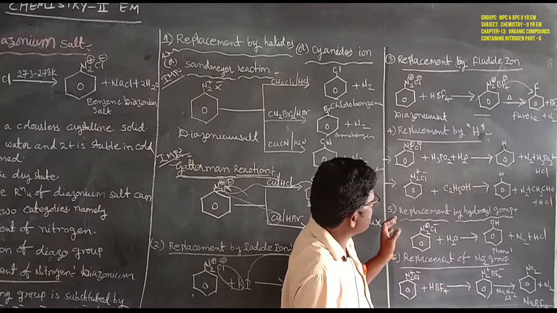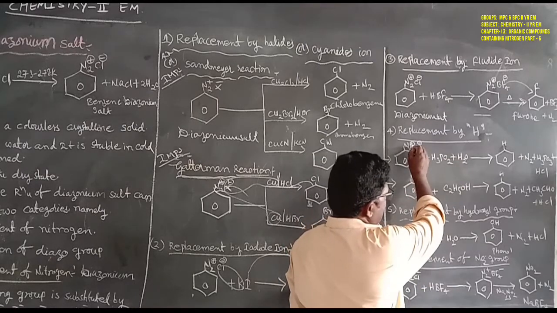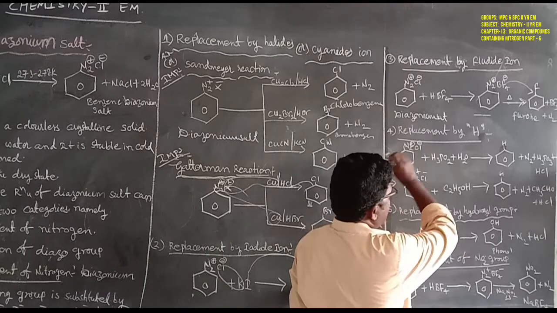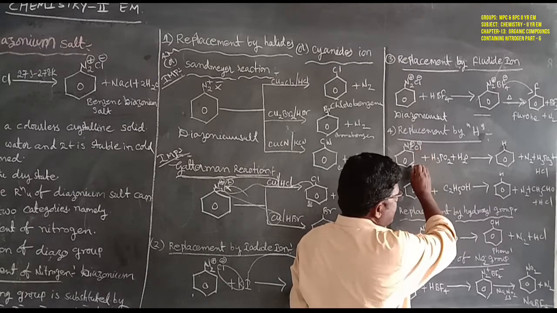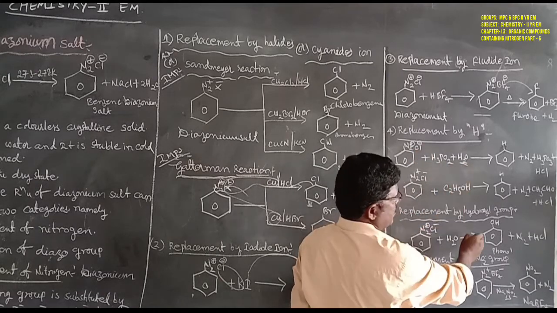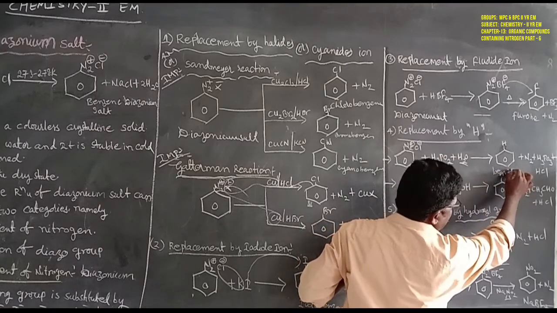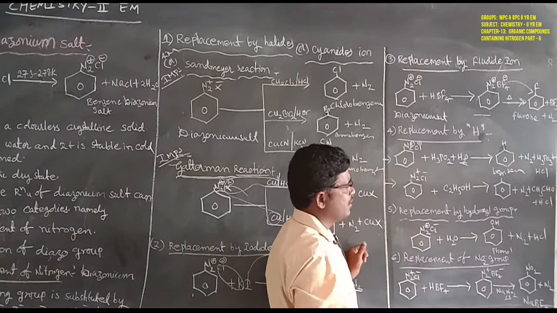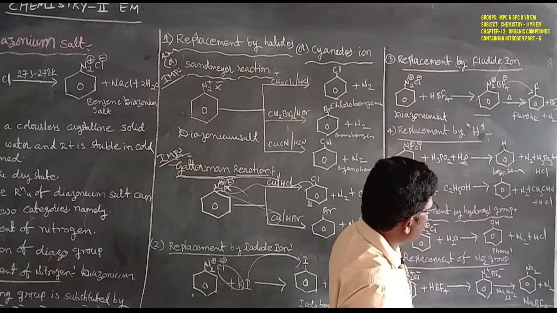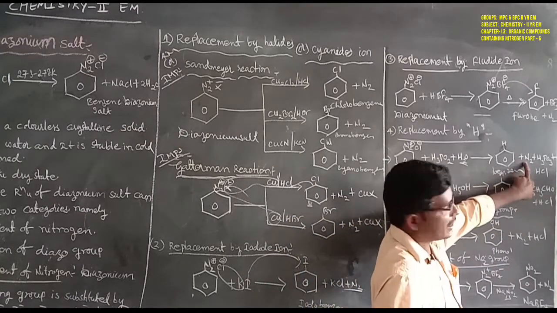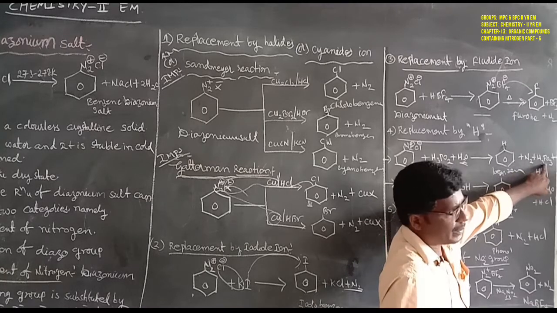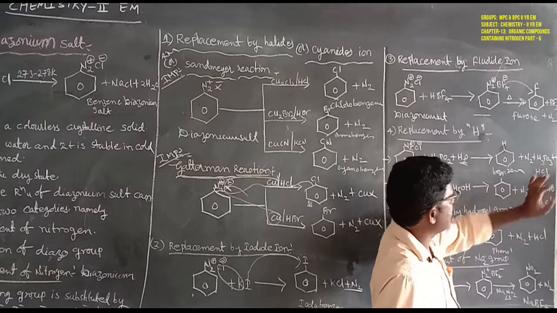Then here is the form of displacement of the nitrogen atom and chlorine. Then here is the replaced by the hydrogen. Then here is the form of aromatic ring, that is also known as a benzene. And displacement N2 and phosphoric acid H3PO3 and form of HCl.